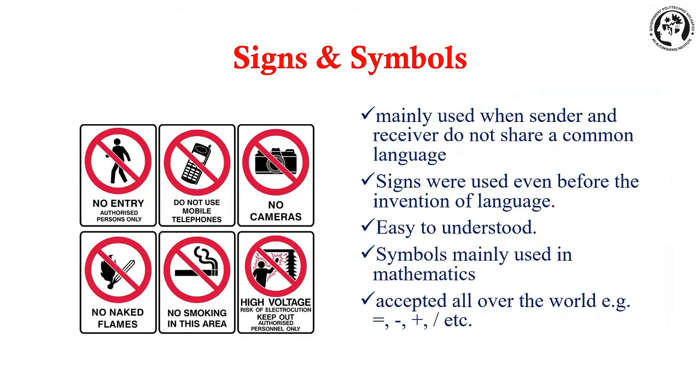Now let us see the signs and symbols. Signs are mainly used when sender and receiver do not share a common language. Signs were used even before the invention of language. Signs are very easy to understand. There are many types of signs and they are used very successfully worldwide.